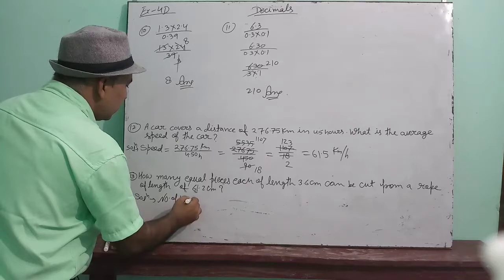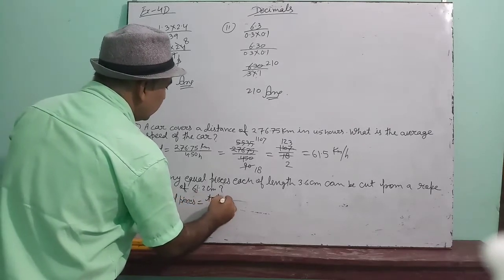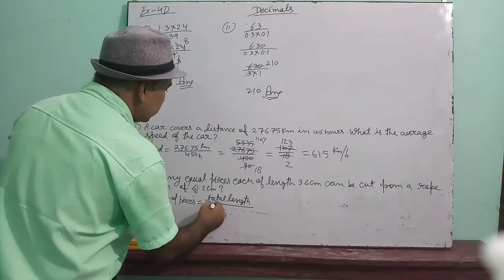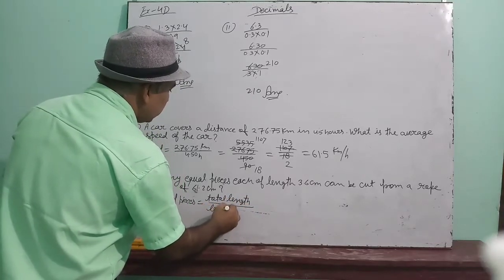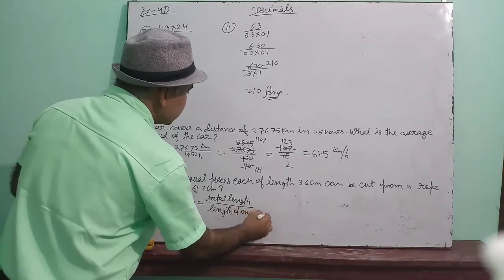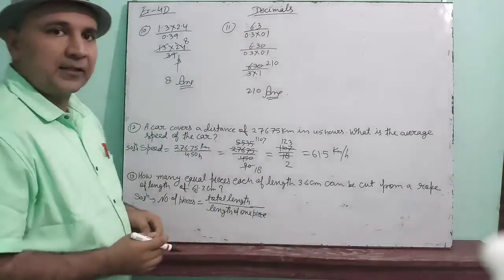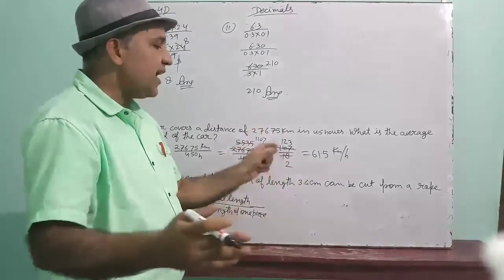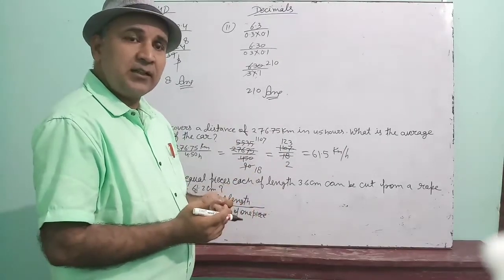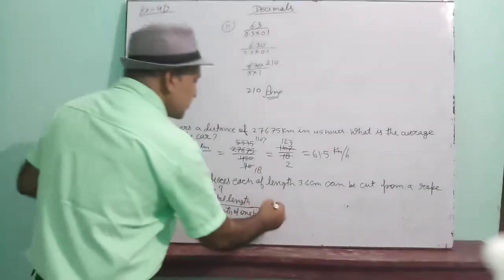Number of pieces will be equal to total length upon length of one piece. Yes children, this is the technique. In a long rope, if we have to cut small pieces, then how many pieces will we get? Total length divided by length of one piece.